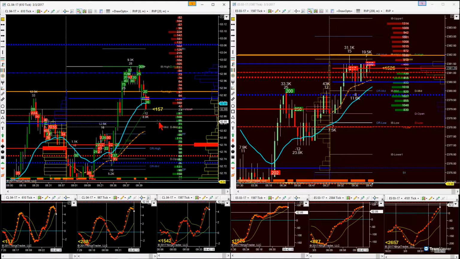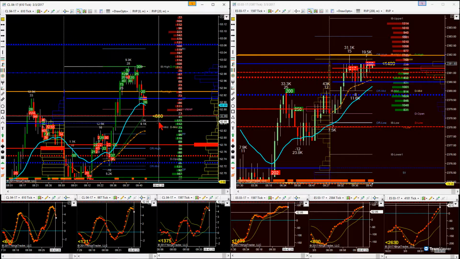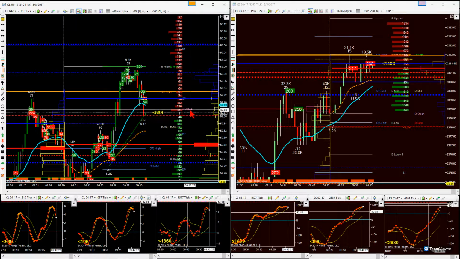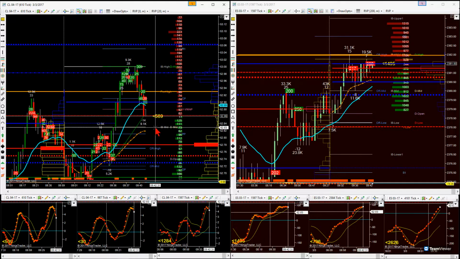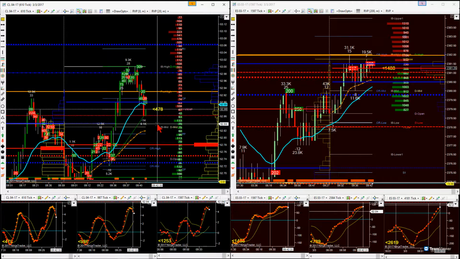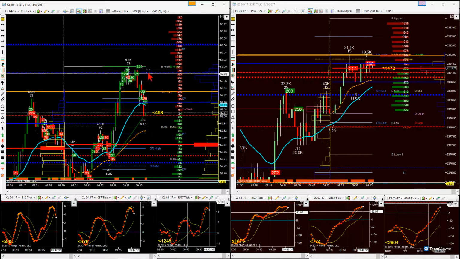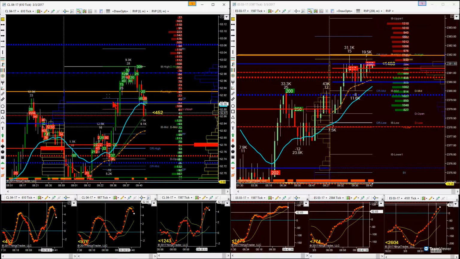So here's a nice little pullback. Big volume just showed up on the offer here. Ultimately, the short we got into would have worked out. I don't care.